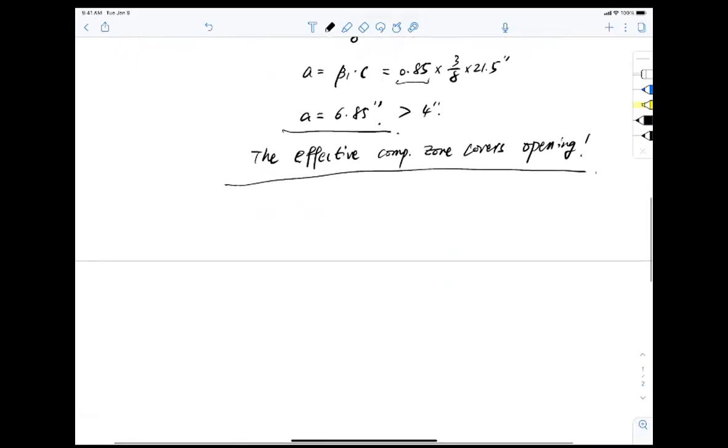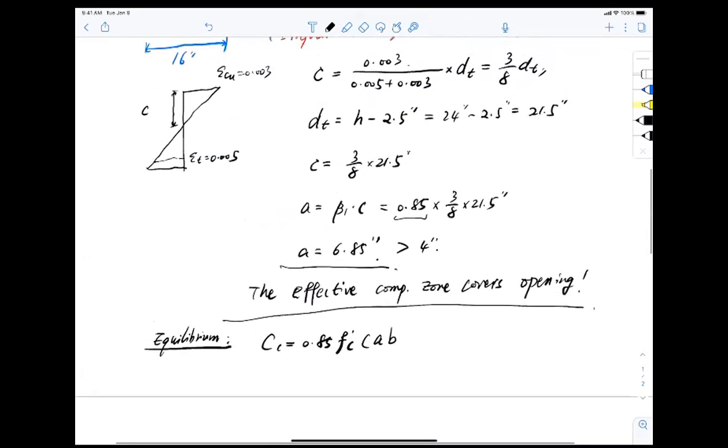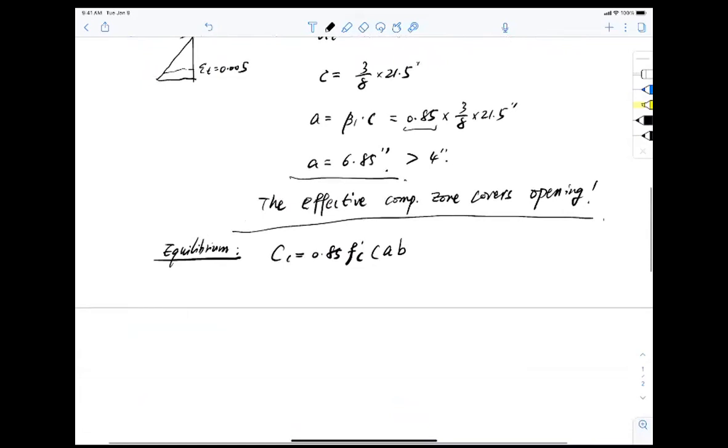Okay, so from this moment on, things become quite a bit easier. Equilibrium tells me that I need a balance, right? So the equilibrium tells me that the compression force Cc equals 0.85 f prime c. And now what is the area underneath it? It has to be a and b, the width, but subtract the opening, right?